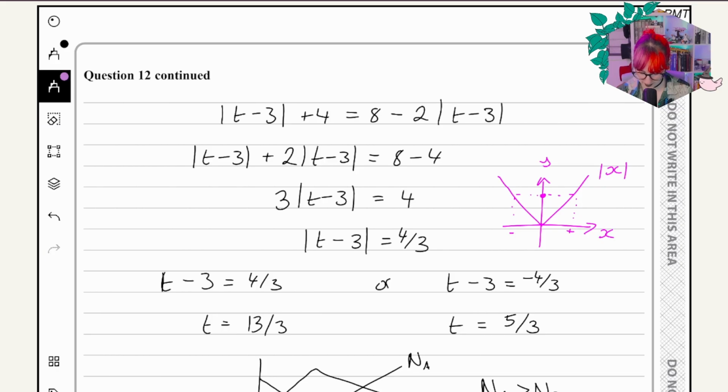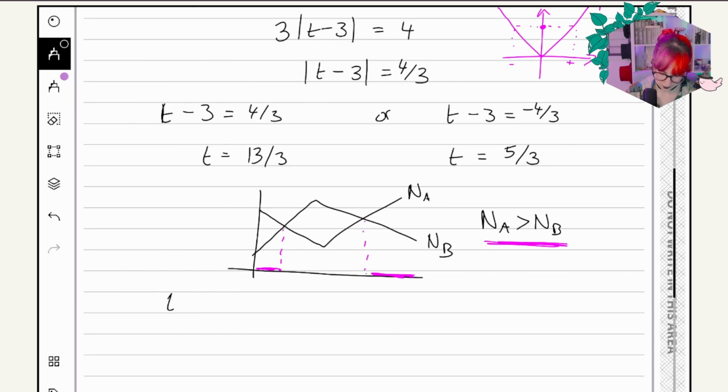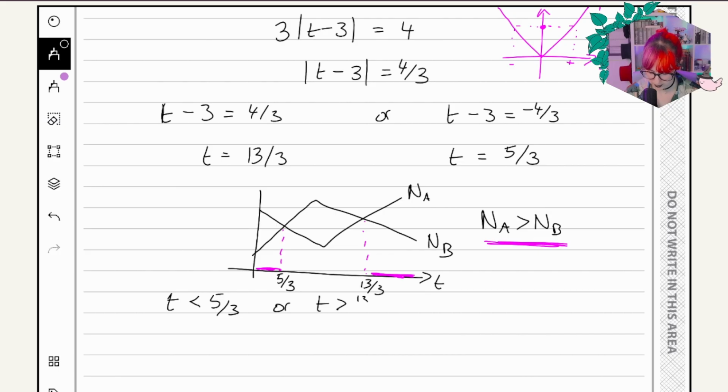And that means that we're looking for these bits here. So we're looking for T, if this is 5 over 3 and this is 13 over 3. So T is going to be less than 5 over 3 or T bigger than 13 over 3.